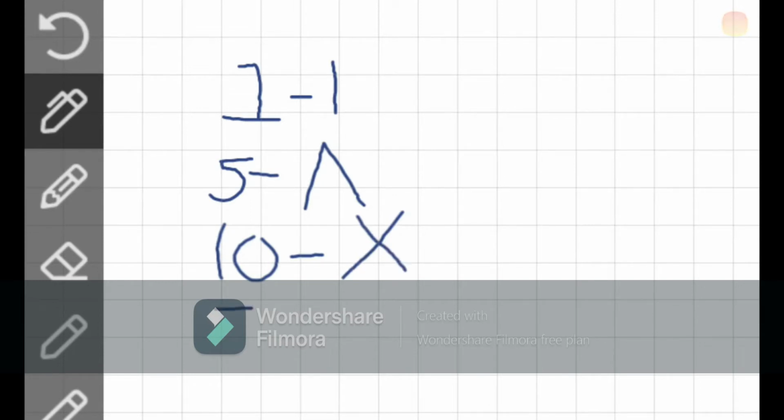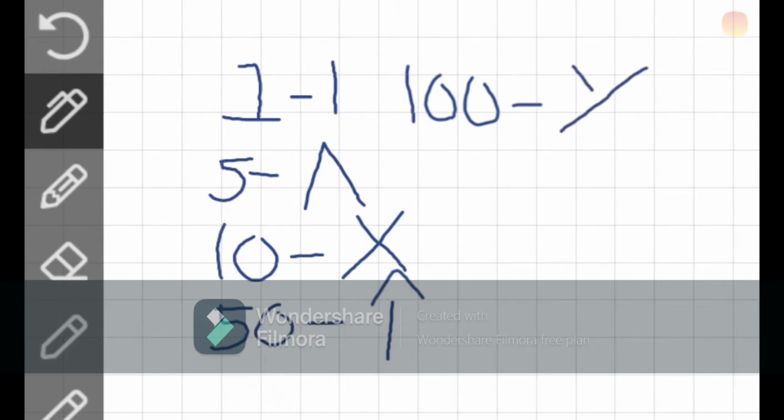Next, the symbol for 50. The symbol for 50 is an arrow up. Next, the symbol for 100. For the symbol for 100, you may use either of two symbols. The first one is you may draw an X and then put a vertical line at the center.